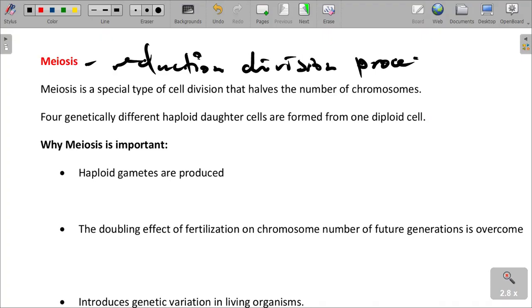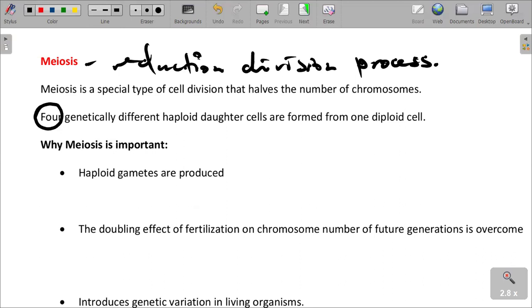What happens is that four genetically different haploid daughter cells are formed from one diploid cell. So what we need to understand here is that it results in four genetically different haploid daughter cells.